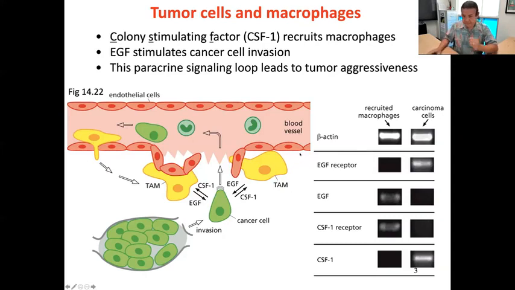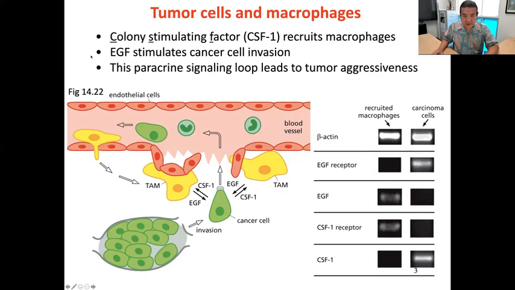So in this case, there's a particular signaling molecule known as colony stimulating factor, or CSF1. This is a very important factor for mobilizing macrophages, getting them to fully differentiate from monocyte form into macrophage form. And it's also very important for activating them.